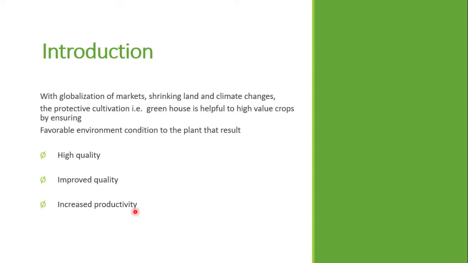So the main objective of protective cultivation or greenhouse is to provide the favorable condition to the plant that results in high quality, improved quality, and enhanced productivity of plants.